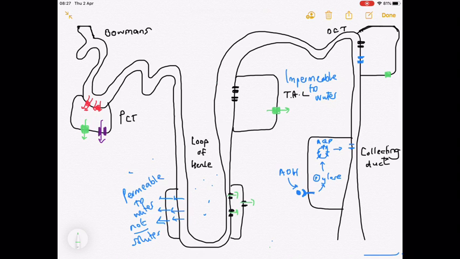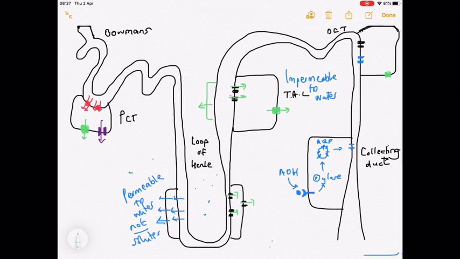Obviously, we've also got cells here doing the same thing. So this whole area is going to be getting more salty due to the sodium ions that are being pumped out. That means, again, we've got a concentration gradient. So sodium's moving through its facilitated diffusion channels into the epithelial cells, which is then being actively transported out.